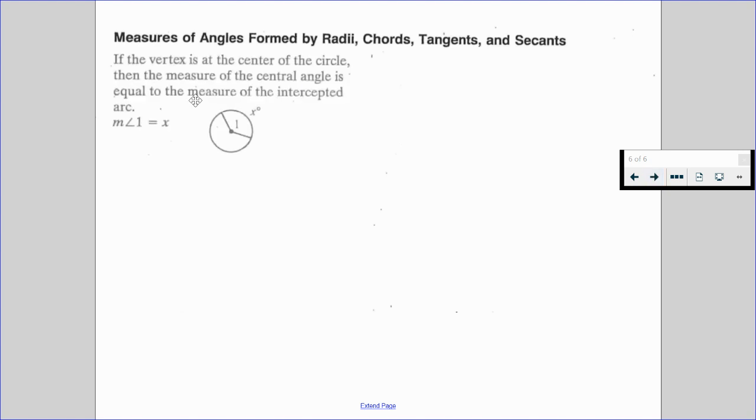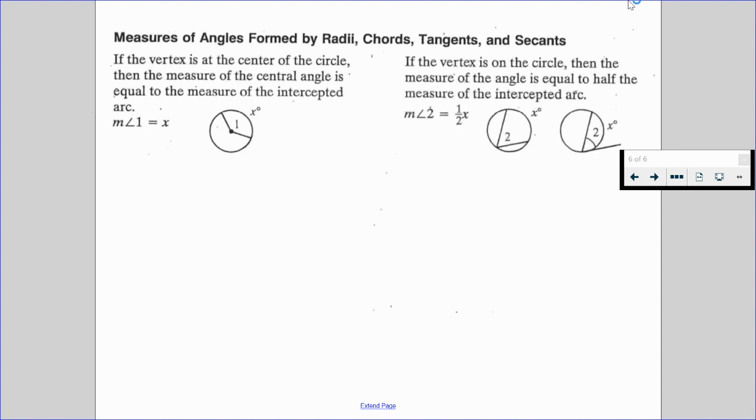So, measures of angles formed by radii, chords, tangents, and secants. If the vertex is at the center of the circle, then the measure of the central angle is equal to the measure of the intercepted arc. So the measure of angle 1 is going to be equal to x. If the vertex is on the circle, then the measure of the angle is equal to half the measure of the intercepted arc.